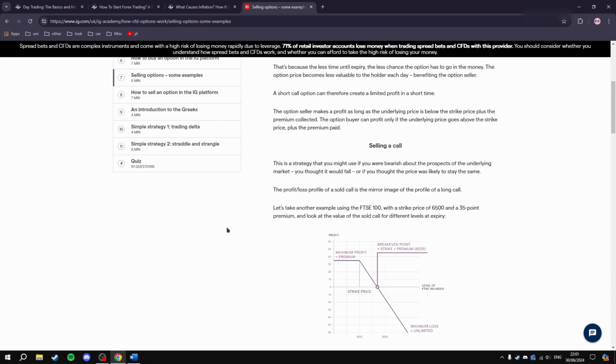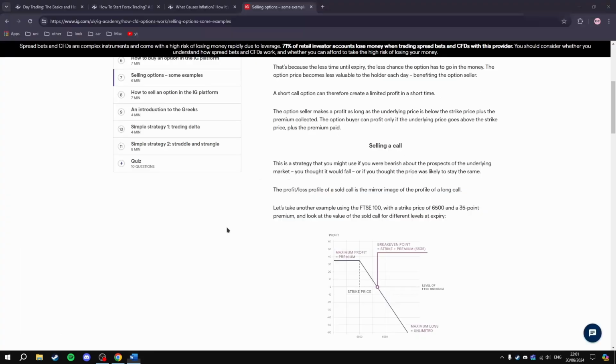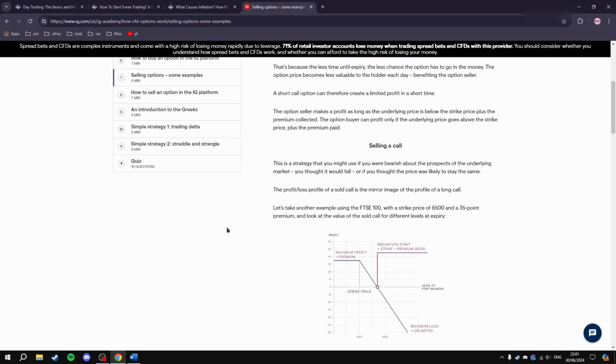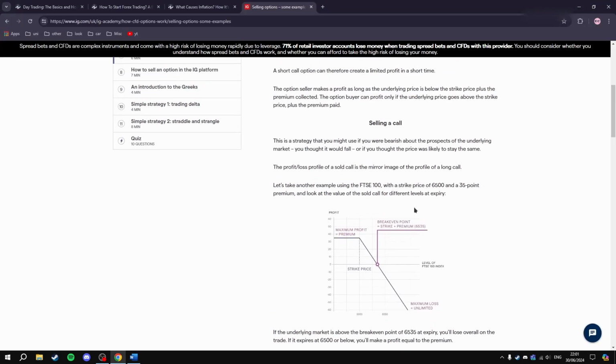The option price becomes less valuable to the holder each day, which benefits the option seller. A short call option can therefore create a limited profit in a short time.